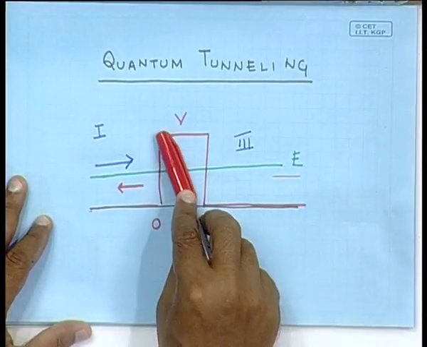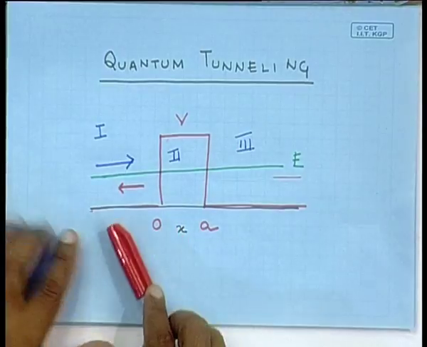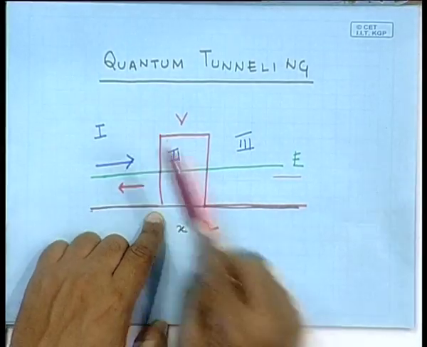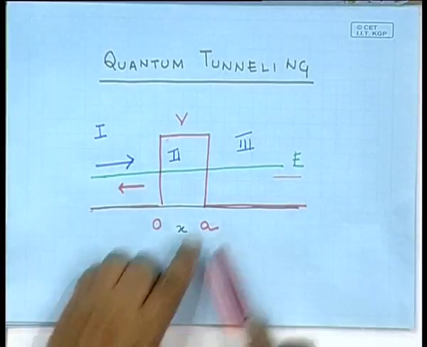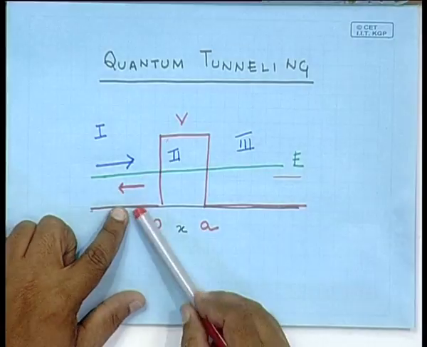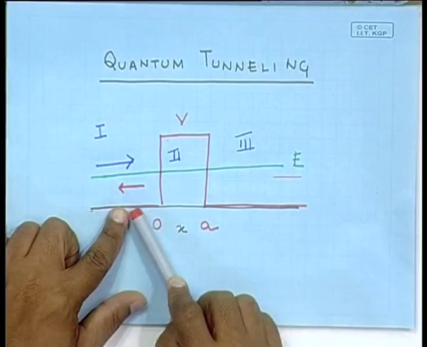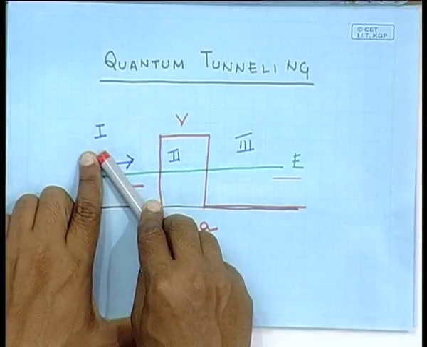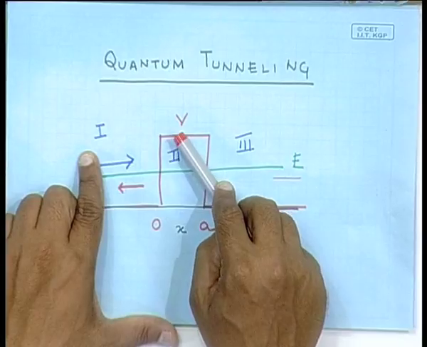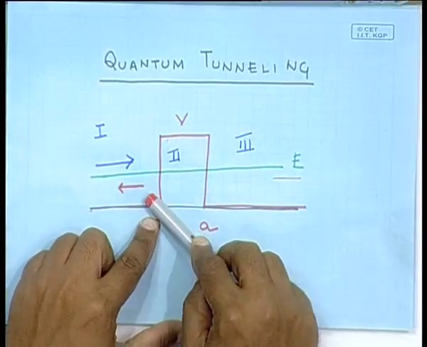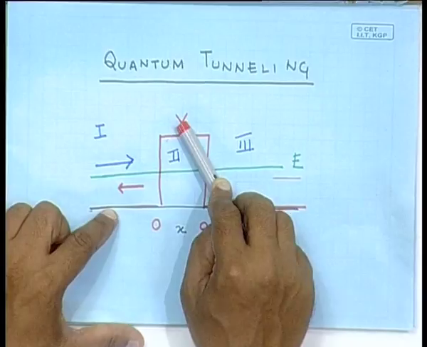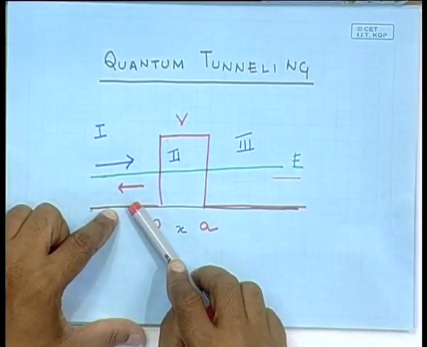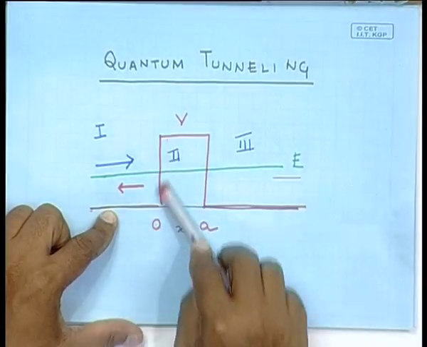So, the governing principle is that whenever we have a step potential like this, the value of the wave function on the left hand side should match the value of the wave function on the right hand side. So, the wave function should be continuous across this step in the potential.